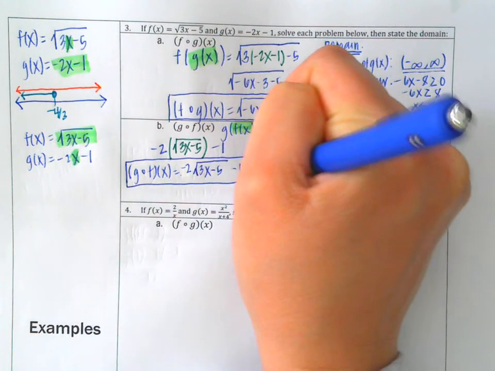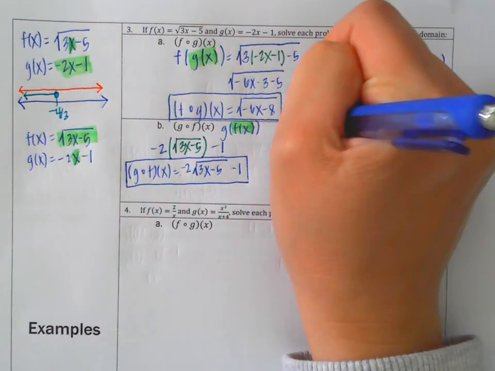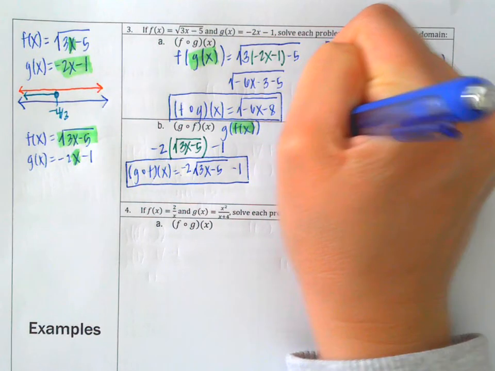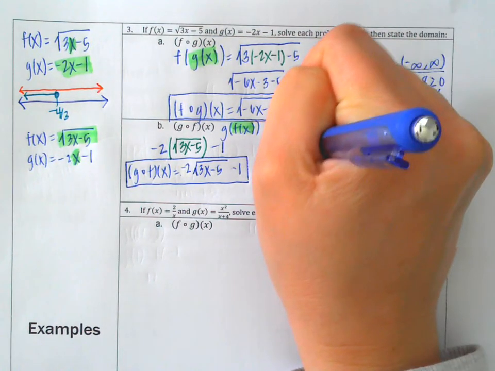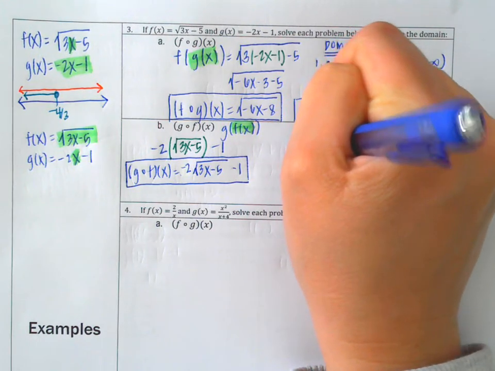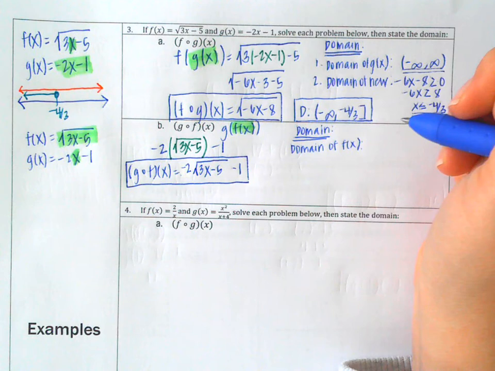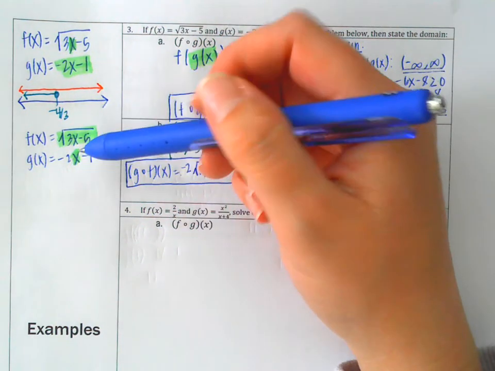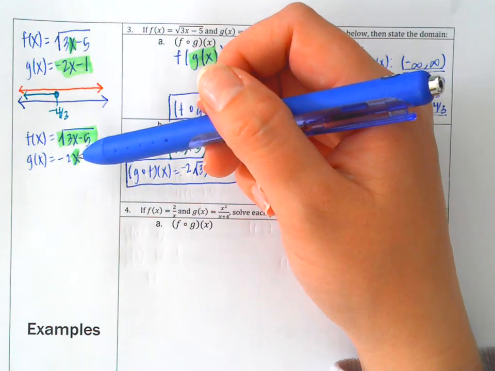It's kind of a funky looking function. But okay, then what we're going to do is find the domain. Remember, first we need to find the domain of f of x, because that's the one that we inputted. So I'm thinking, is that a polynomial, is that radical, or is that rational?